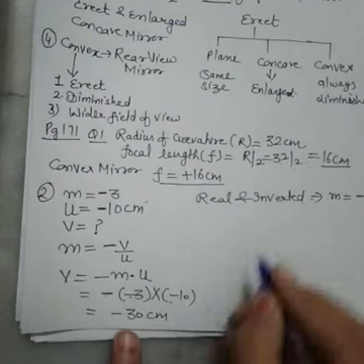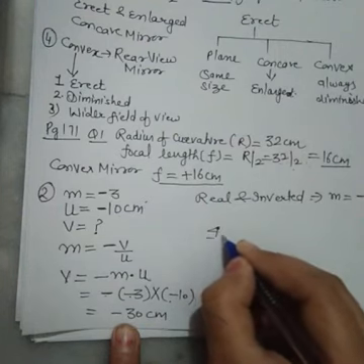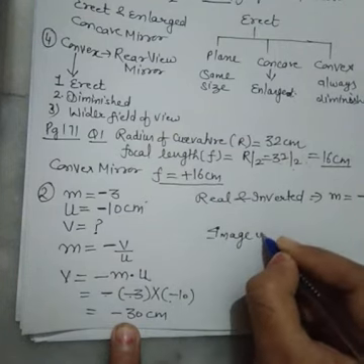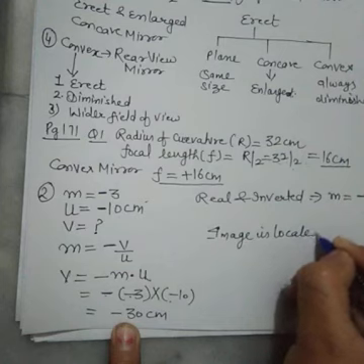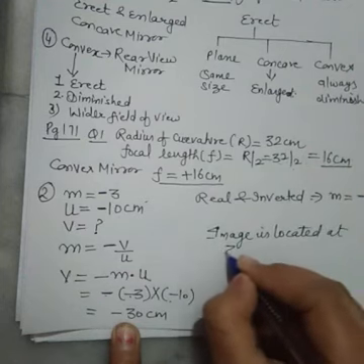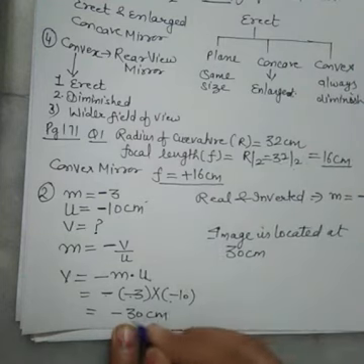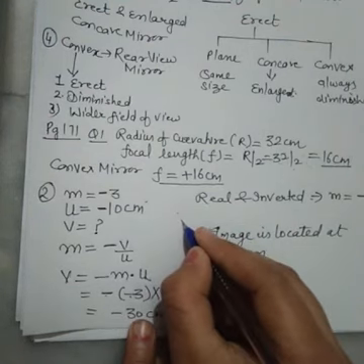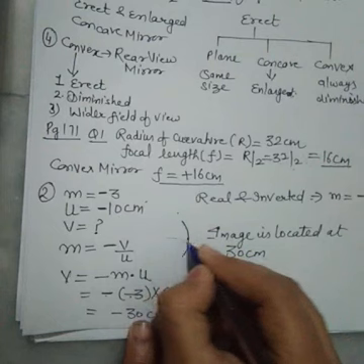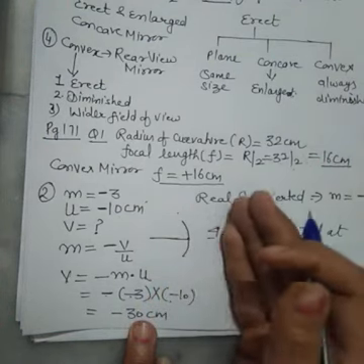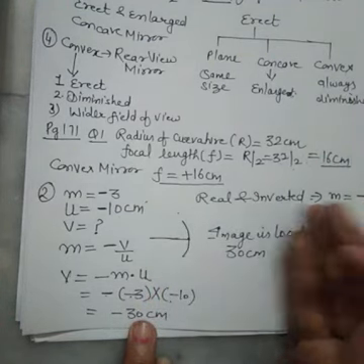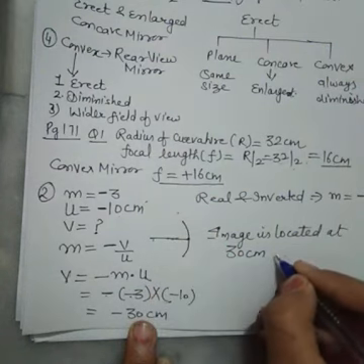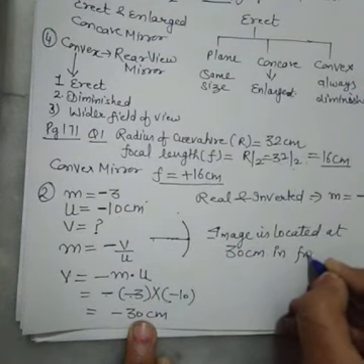So the image is located at 30 centimeter. But minus means what? Minus means the image is not located behind the mirror, it is located in front of the mirror.